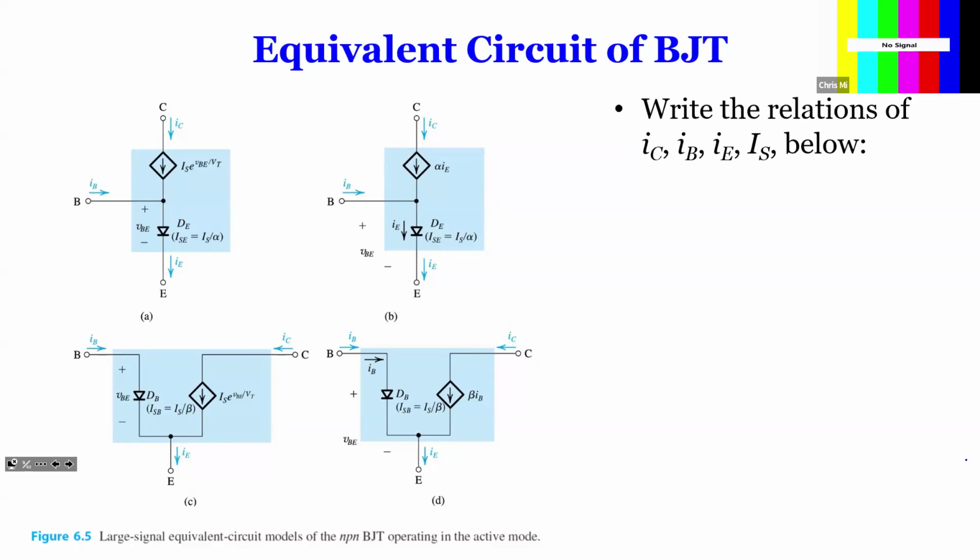But for this diagram, we calculate IC based on VBE. So if you know VBE, you use this equation, and if you know IB, you use this equation. They're identical, just with a different dependence for the current source. It's a dependent current source: this one depends on IB, but this one depends on VBE. So it's identical, really just an equivalent circuit. Yeah, go ahead.